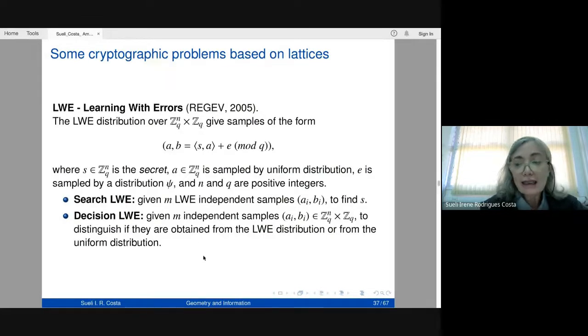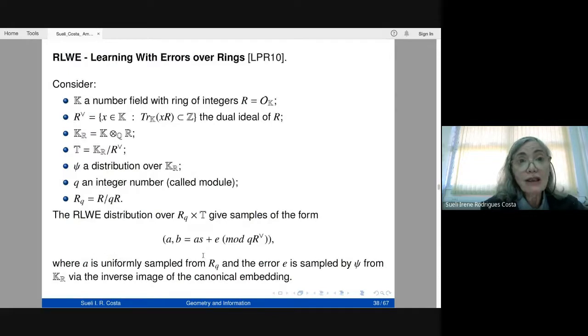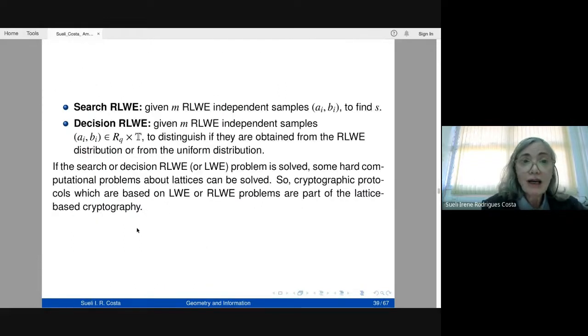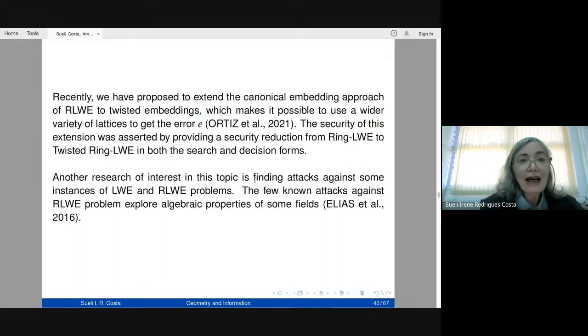And this is the learning with errors, which precisely uses lattices that come from algebraic number theory, right? And then it's related to the previous topic, right? So here I described very briefly how this is done.